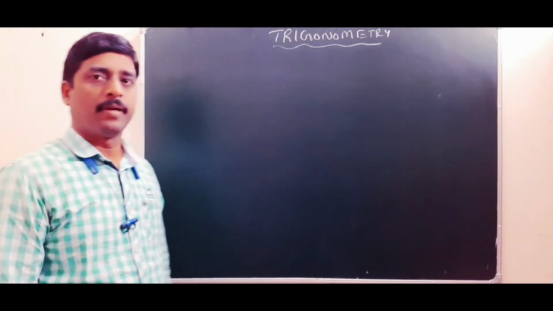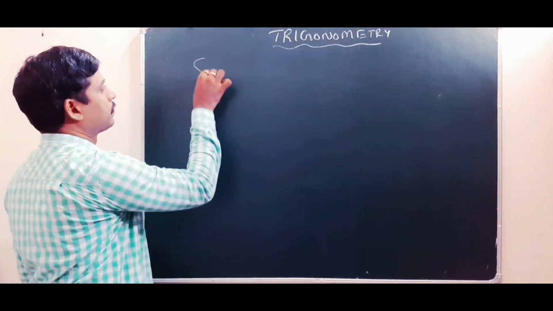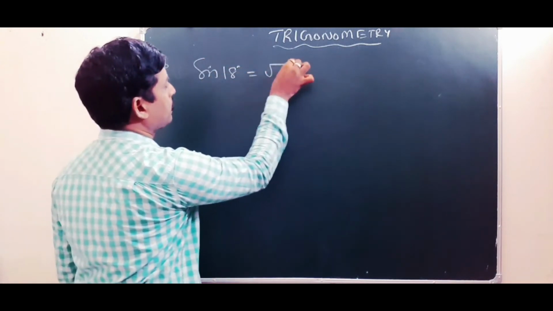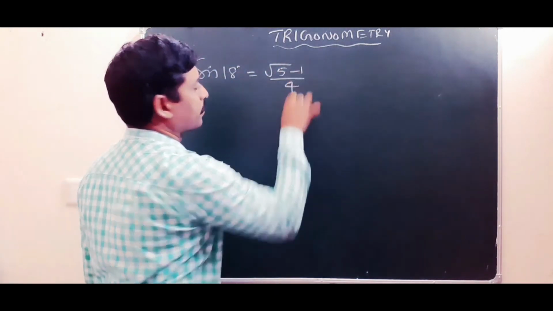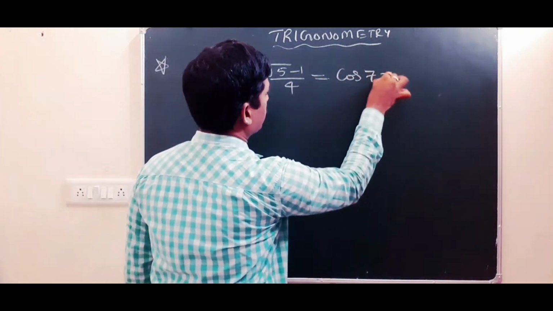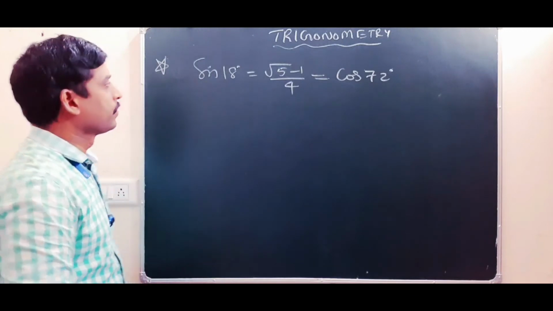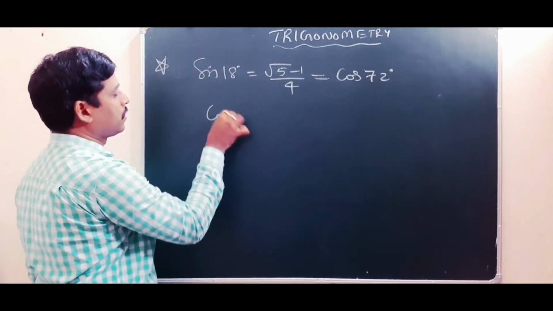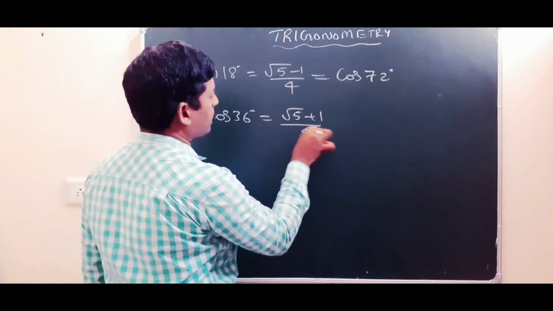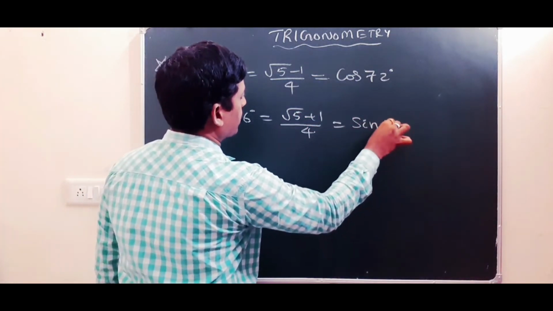Okay, now explain important values. Sin 18 degrees is equal to root 5 minus 1 by 4, which is equal to cos 72. Next, cos 36 is equal to root 5 plus 1 by 4, equal to sin 54.